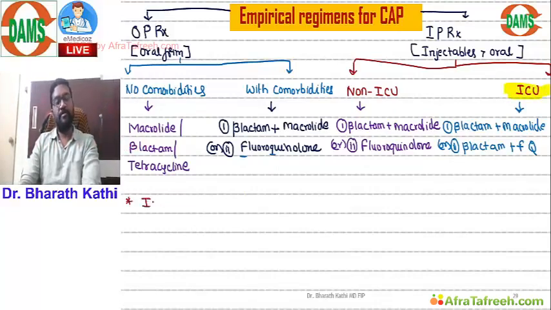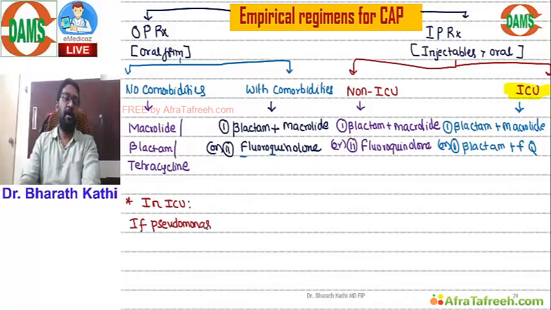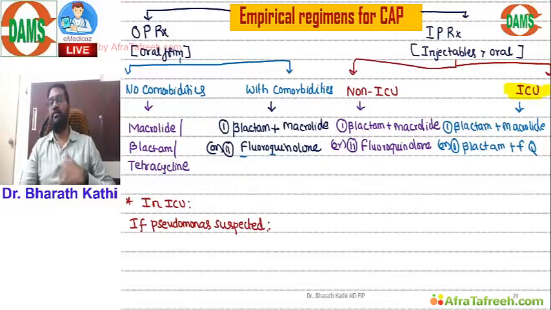Now patient is in ICU and you are suspecting this pneumonia is due to a bad organism called Pseudomonas. So patient might be having bronchiectasis related lung infection.